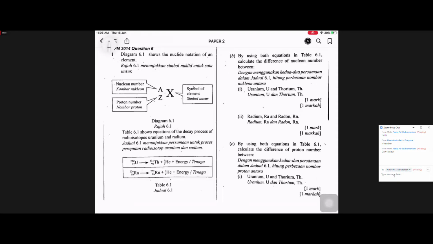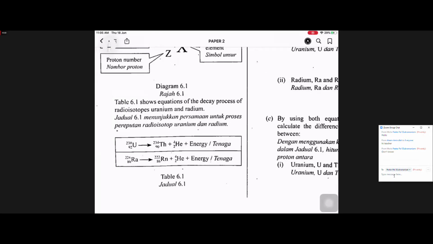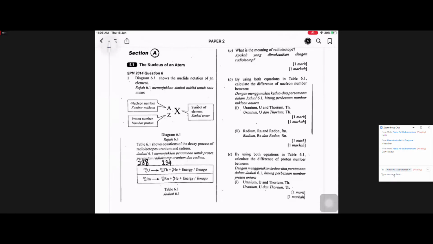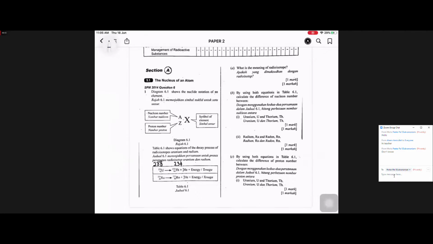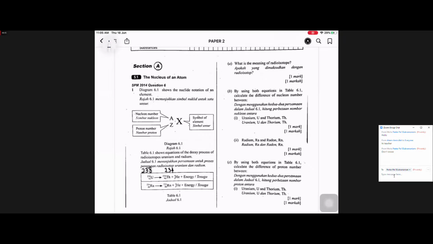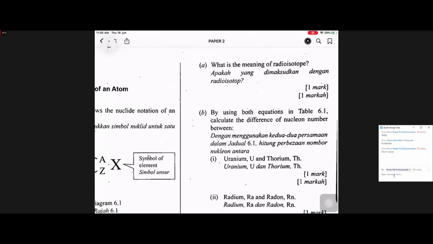See carefully. Uranium is 238. Thorium is 234. Oh, I didn't do A first, right? What is the meaning of radioisotope? Let's call Alim.